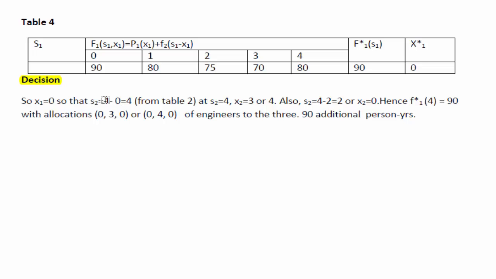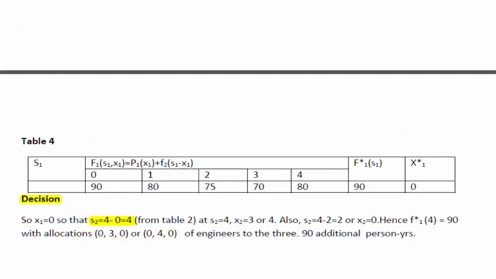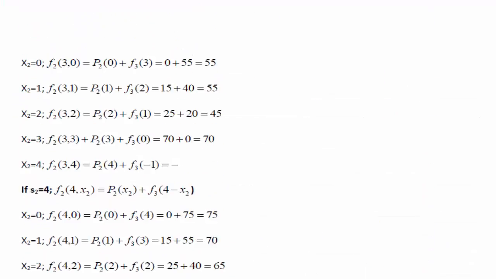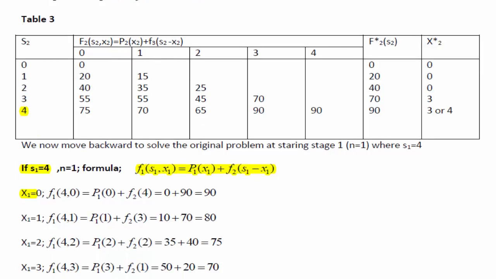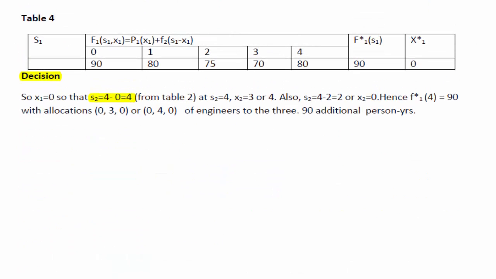Alright, so you write this, and then if you go back to table 2, we look for the measure of performance of establishment 2 at S2 equals 4. So S2 equals 4. Now the measure of performance of that is 90, where it occurs is at x2 equals 3 or 4. So x2 can either be 3 or 4.